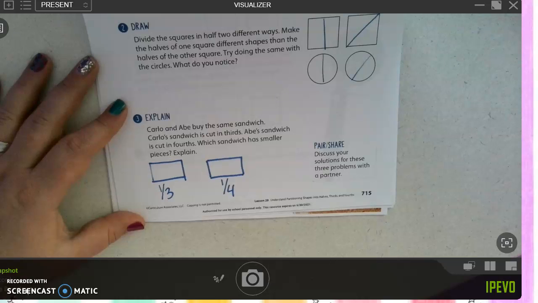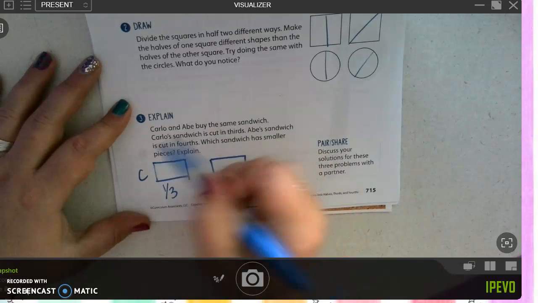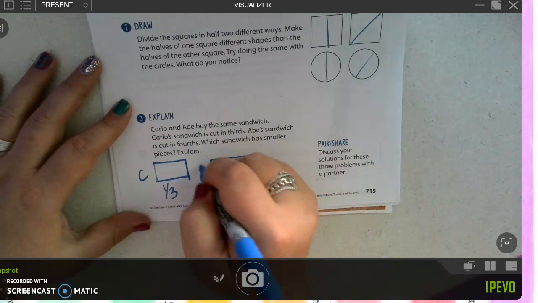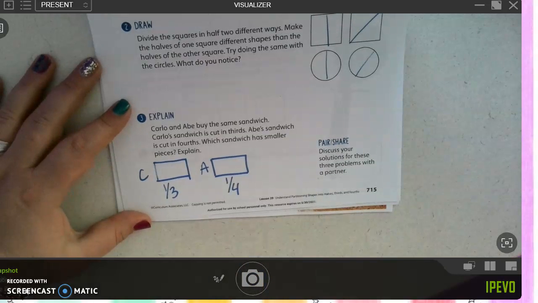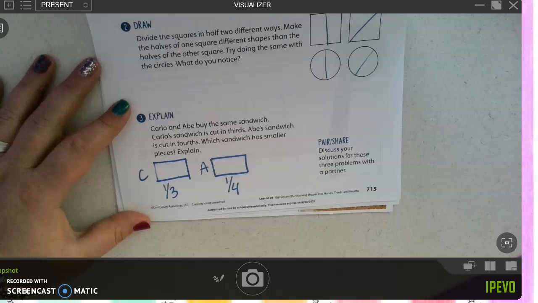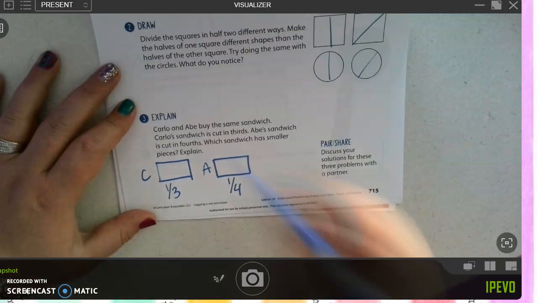Okay, which sandwich has smaller pieces? I'm going to put a C here. Carlo's sandwich is in thirds, and Abe's sandwich is in fourths. They're the same length overall, but the pieces are smaller. Which sandwich has smaller pieces? Abe's, right?